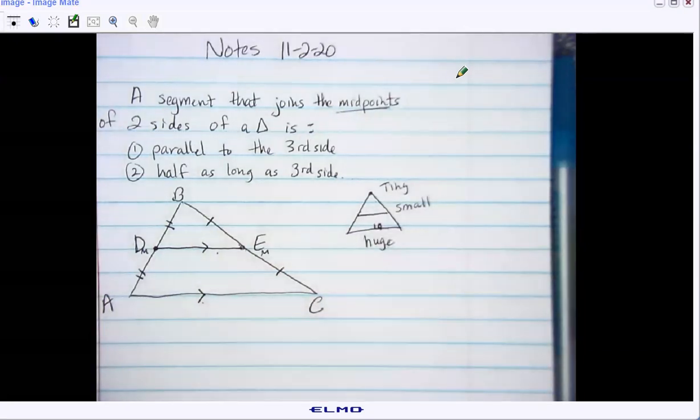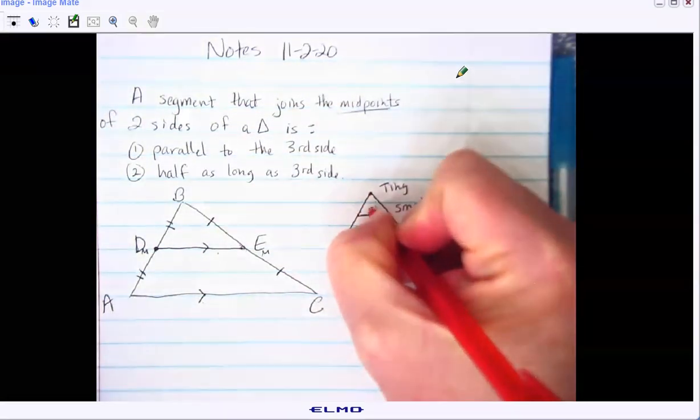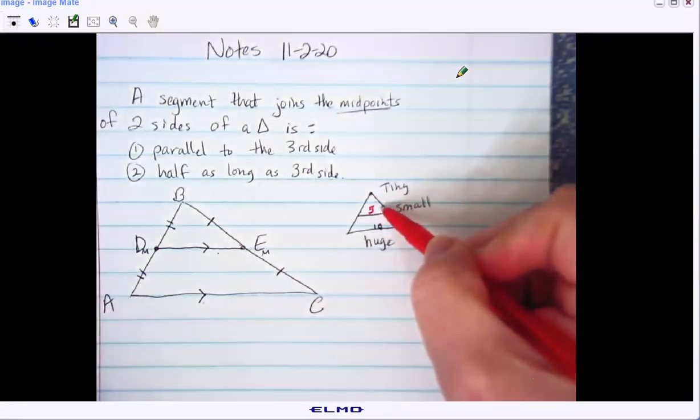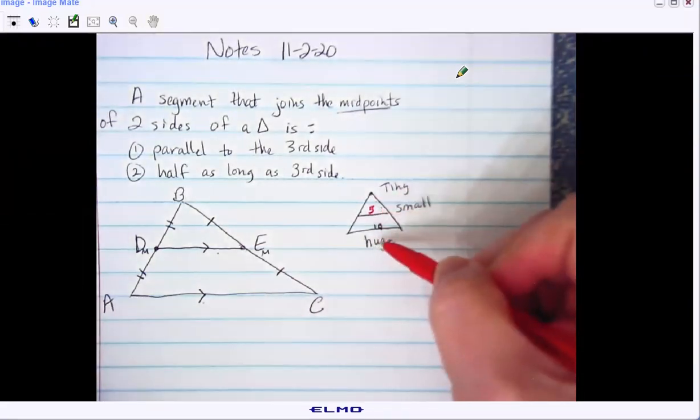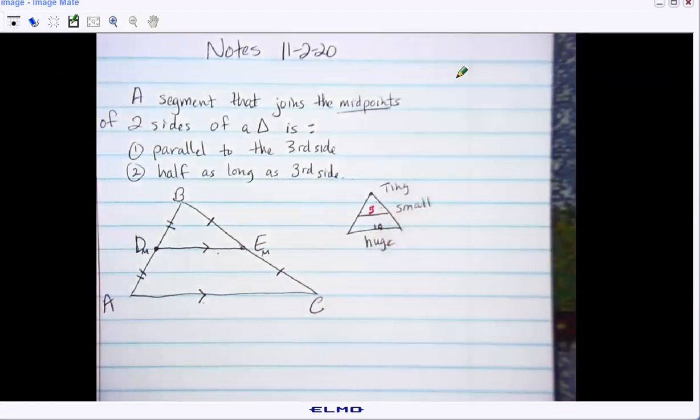If it's half as big as the bottom, how big would it be? 5. It'd be 5. See? So, and if I told you that this was 10, you would double it to get the bottom to be 20. Okay, so that's how that works.